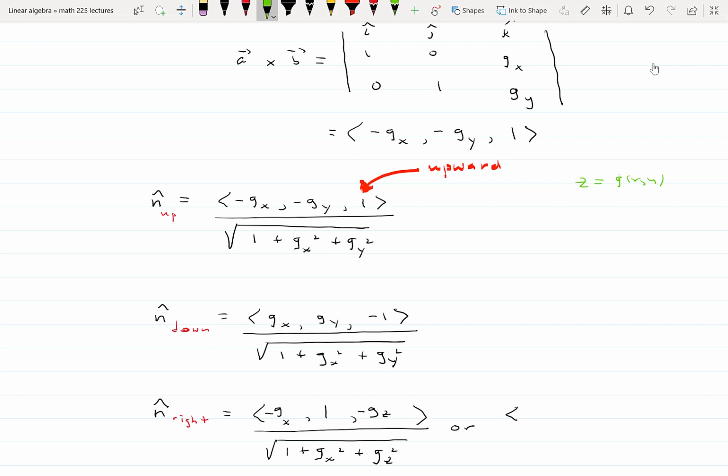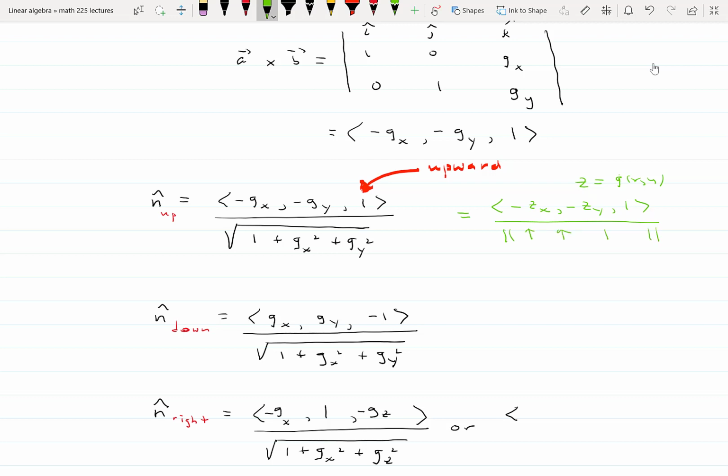So we can simplify the notation for the upward normal as minus zx, minus zy, 1, over the length of the same vector.